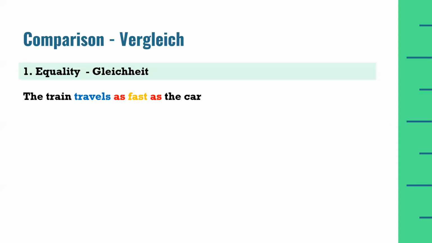Next example: the train travels as fast as the car. So in this sentence, we are comparing the speed of the train with the car, and we are saying that the speed is the same or almost the same. We can say the same thing in German. "Der Zug fährt genauso schnell wie das Auto." Or "der Zug fährt so schnell wie das Auto."